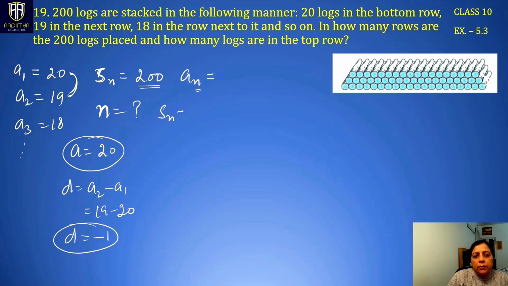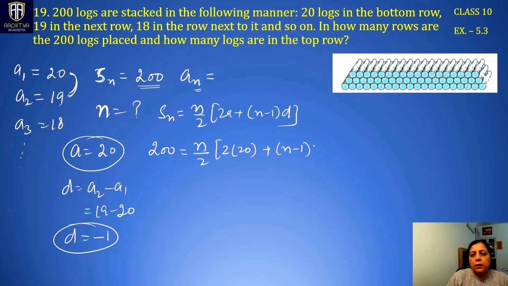Apply this formula. Sn is n by 2 times 2a plus n minus 1 times d. Sn is 200, n we have to find, this is 2a, 2 times 20, and d is minus 1. Take this 2 to the left hand side, this becomes 400, n times 40.